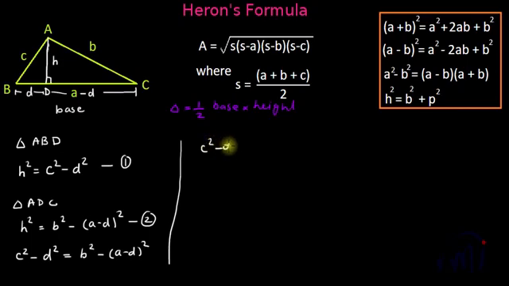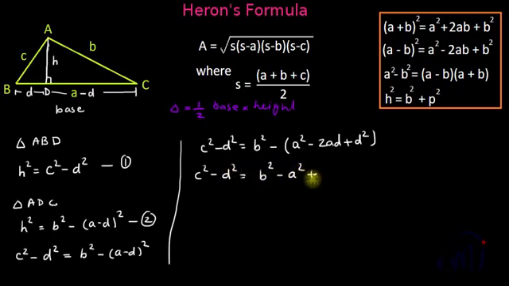c square minus d square can be written as b square, and if I apply the formula of (a minus b) whole square over here, (a minus d) whole square can be written as a square minus 2ad plus d square, so c square minus d square can be written as b square minus a square plus 2ad minus d square. So let's shift this d square to the right hand side and b square minus a square to the left hand side.